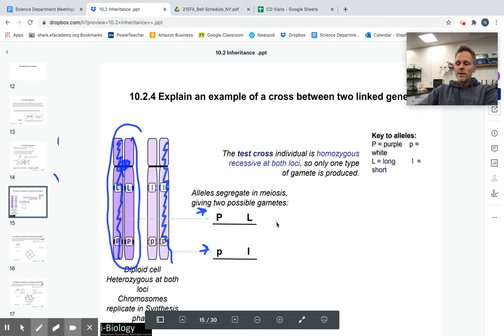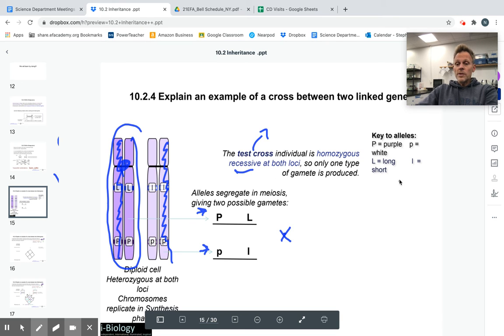And we can do an inheritance cross, for example, a test cross. So let's do a test cross. If you remember, a test cross is taking an unknown heterozygous, an unknown dominant phenotype, and crossing it with a known homozygous recessive.